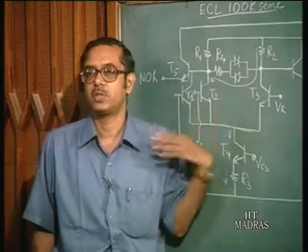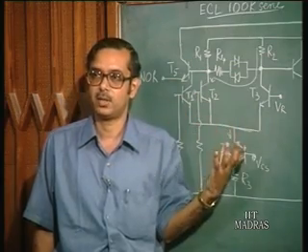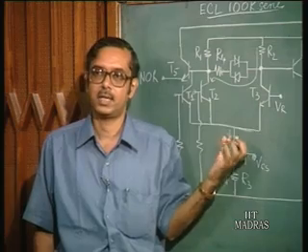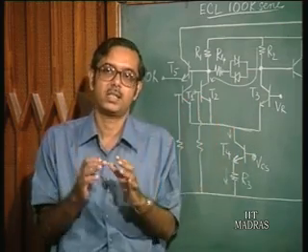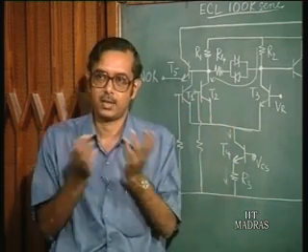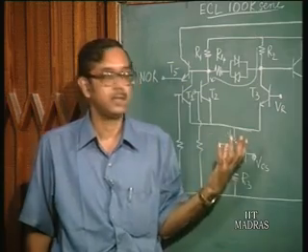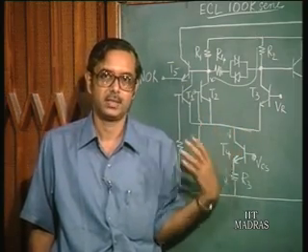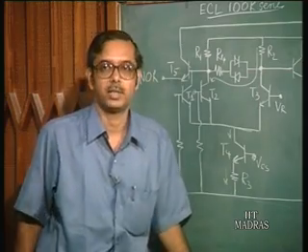Whereas the original transistors were about 6 micron minimum feature size, this is about 3 micron minimum feature size, and you know that with the reduction in size all the capacitances are going to go down, which will result in lower delays and higher speed of operation.